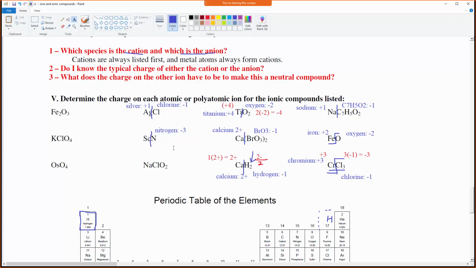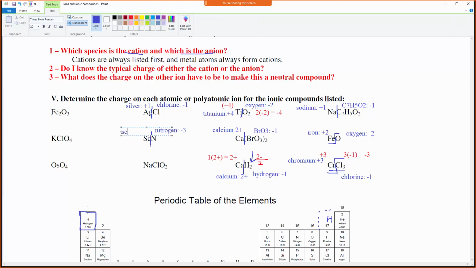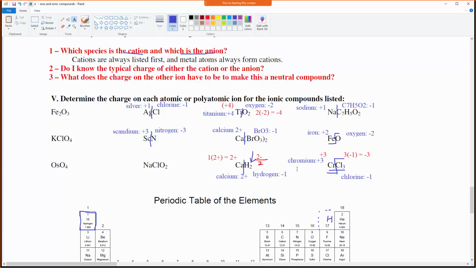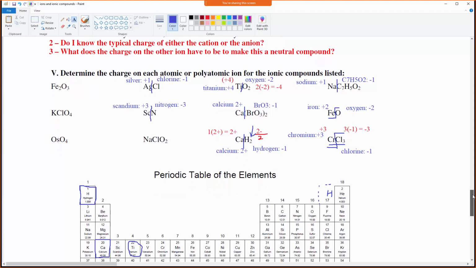Good. Therefore, there's just one of each. The charge on scandium must be +3. Excellent. This is another one, scandium here, as a transition metal. You wouldn't necessarily know the charge.